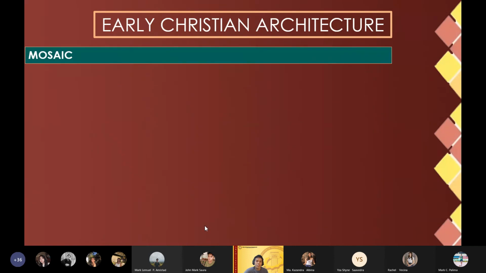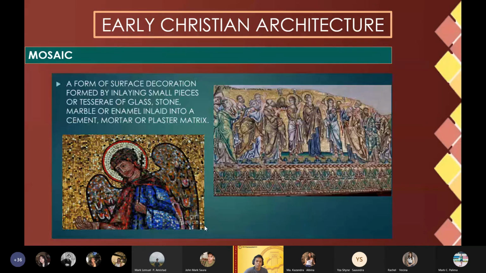Another term, very familiar, mosaic. Early Christian architecture was very intricate and rich in interiors. So they use mosaic, a form of surface decoration formed by inlaying small pieces of tesserae of glass, stone, marble, or enamel into a cement, mortar, or plaster matrix.